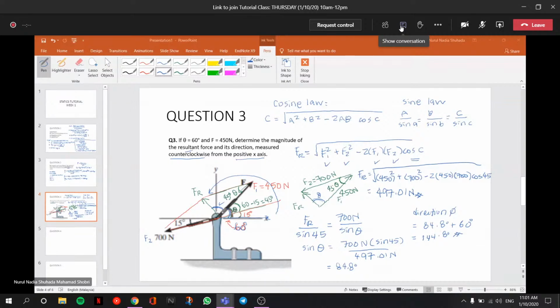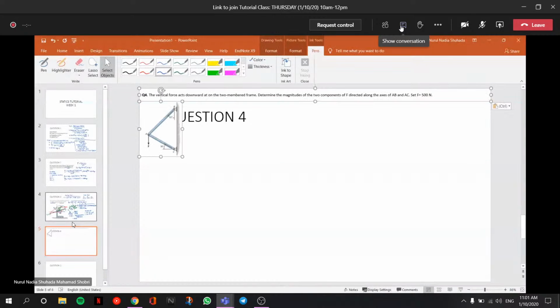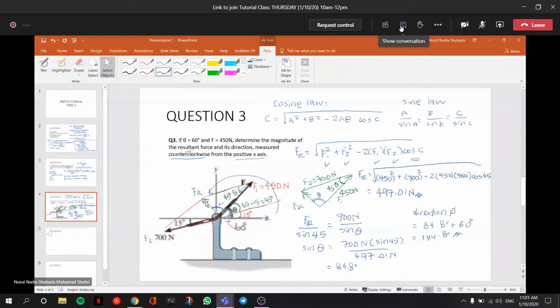Why do we choose 700 Newton? You mean right here, why we use 700 Newton? Basically, we want to find the direction of the resultant force. It says here the direction of the resultant force is counterclockwise from the positive x-axis.